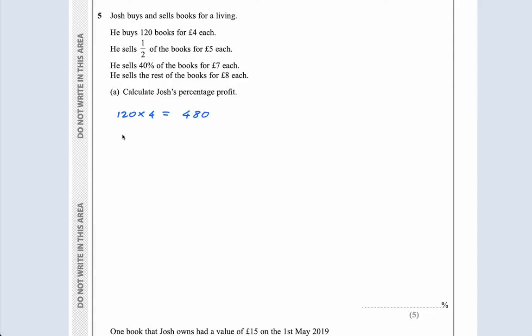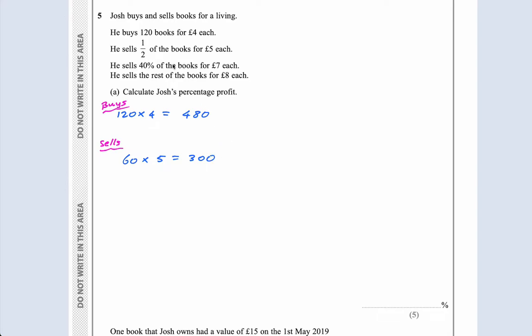So he's going to sell 60. Okay, let me just write here, guys. Buys £480. Sells 60 of them. He's going to sell for £5. So he's made £300 already.